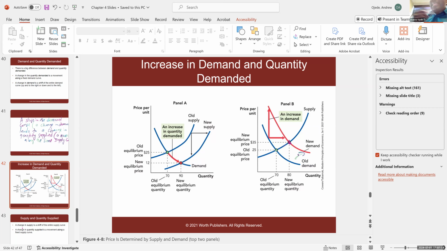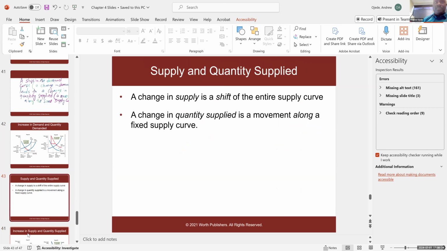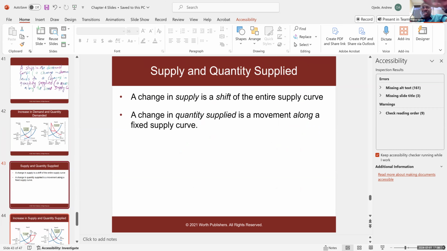That's going to lead to an increase in quantity supplied. The similar thing here: when you shift the supply curve, you move along the demand curve. Shifting the supply curve to the right leads to an increase in quantity demanded. So a change in supply is a shift of the entire supply curve. A change in quantity supplied is a movement along this fixed supply curve.